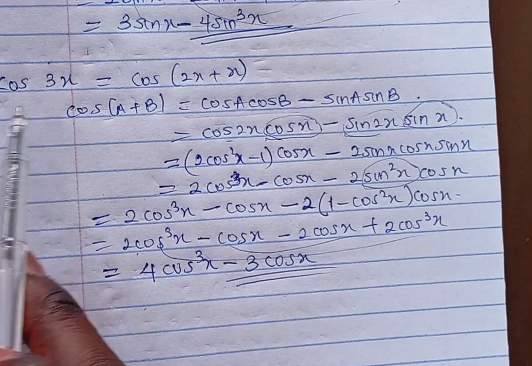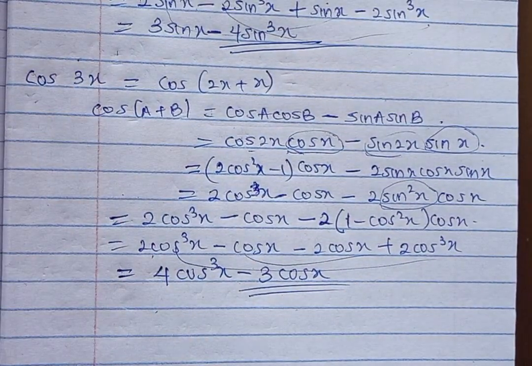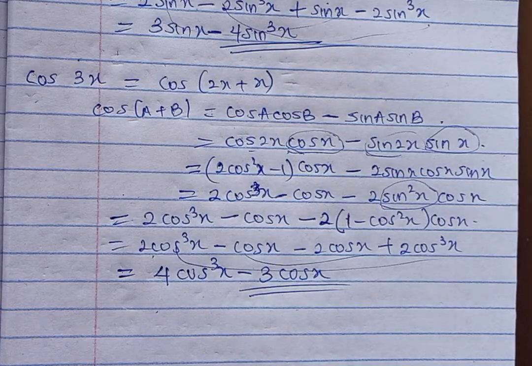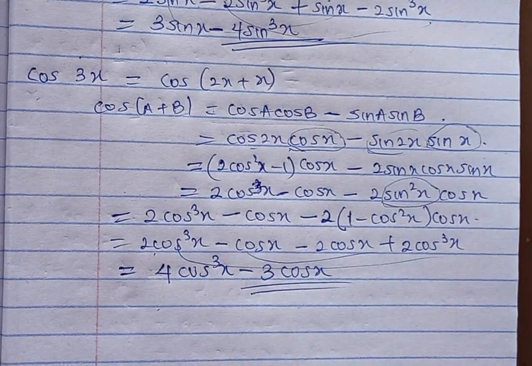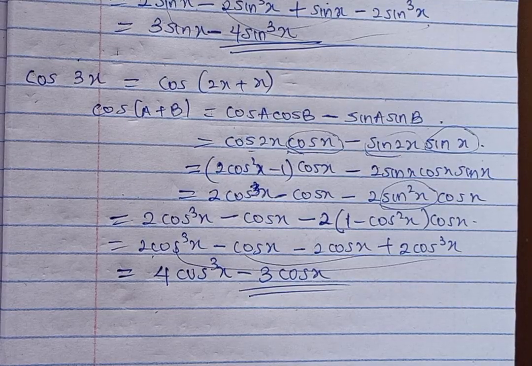So that's the final solution for cos 3x. Okay, so make sure that you understand this concept very well, because you will need it when you are solving problems in differentiation, integration, and many aspects of mathematics.